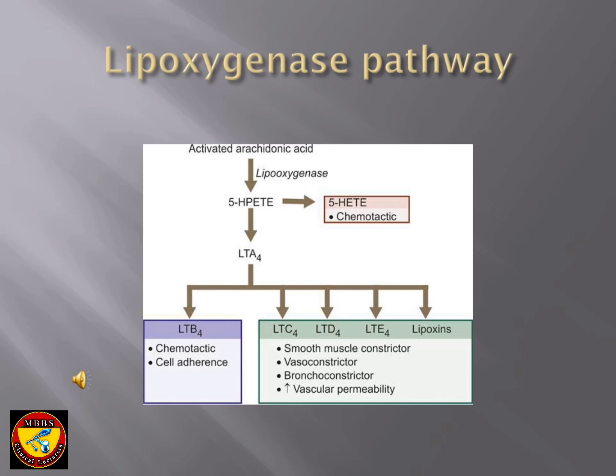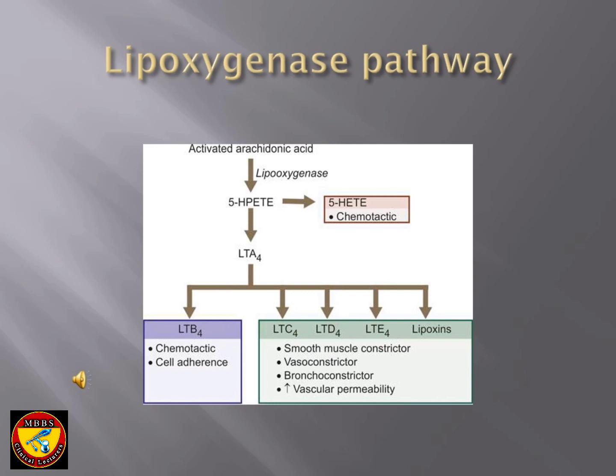So LTB4 is a potent chemotactic factor, and it also causes adherence of different cells to the cell wall, as you must have learned about margination, rolling and chemotaxis in the process of acute inflammation.